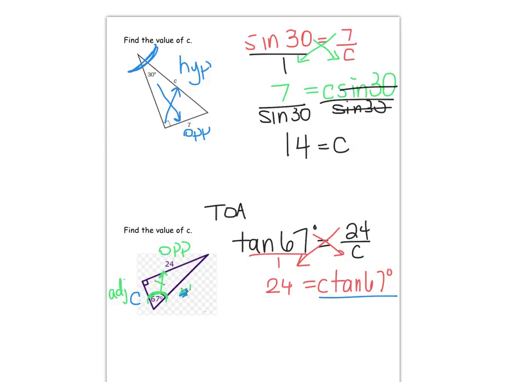We just don't know what it is yet, so we're going to divide by that value on both sides to get C by itself, and then we go to our calculator and type it in. Okay, 24 divided by tangent of 67 is 10.187. Okay, if you have questions, please let me know.